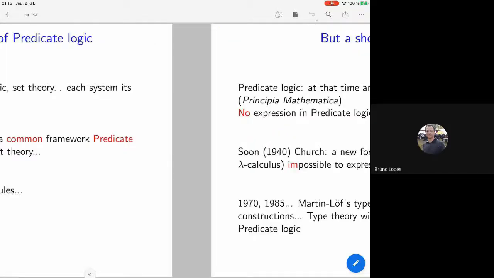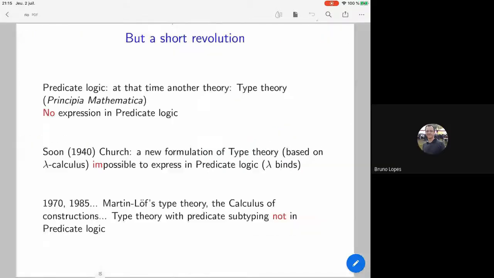But in fact, this revolution, as many revolutions, unfortunately fell short. Because at that time, there was another theory, which was the first version of type theory presented in the Principia Mathematica. And this theory was at that time very popular, probably even more popular than set theory or geometry or arithmetic. But Hilbert and Ackermann did not give any expression of this theory in predicate logic.